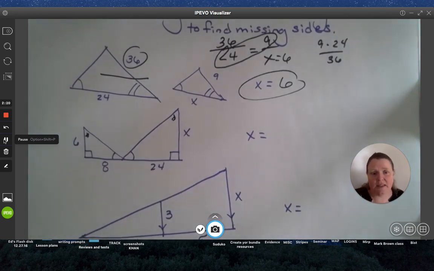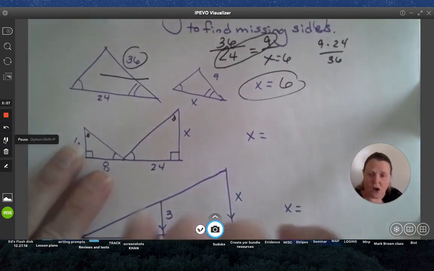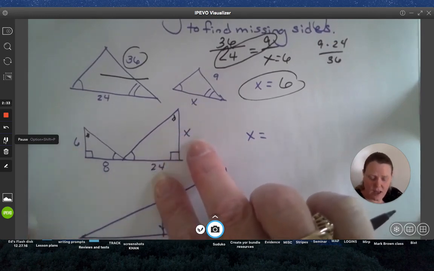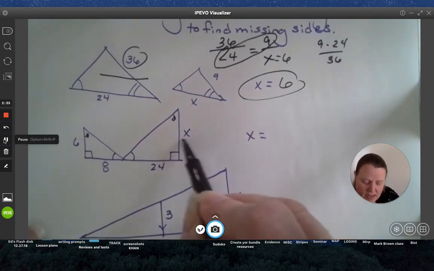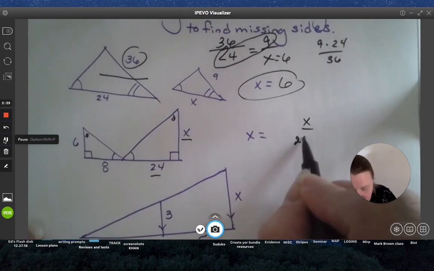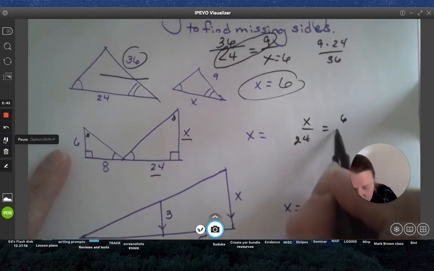What I do have to pay attention to is how I set up the proportion, because you have to make sure that you have matching parts. So if I use the two legs on the right angle, as we called them in the Pythagorean theorem, I would do the height over the base, and then the height over the base.